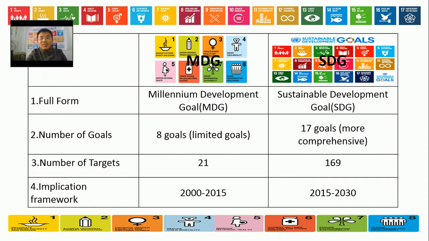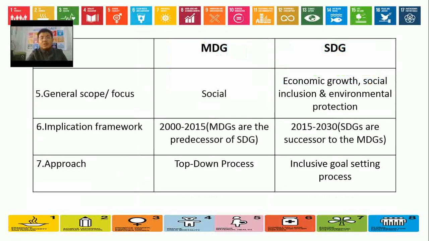And the implementation framework of MDG is from 2000 to 2015, while the SDG implementation framework is 2015 to 2030, as we all know. Let's also talk about the general scope.